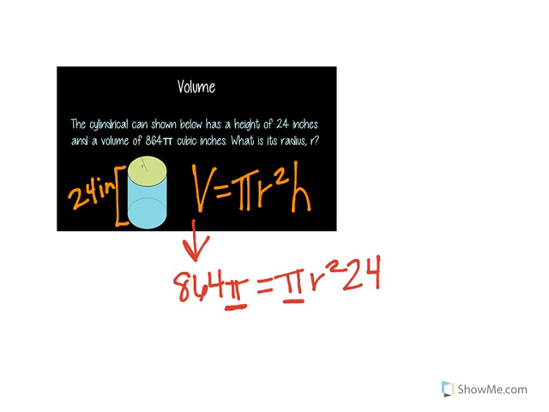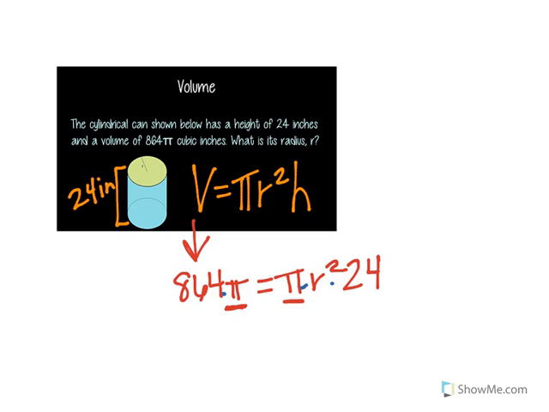Since these symbols and numbers are very close together, that means they're being multiplied. So this is really saying 864 times pi equals pi times radius squared times 24.